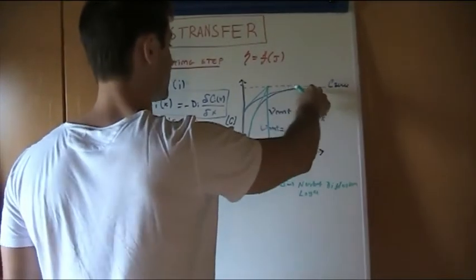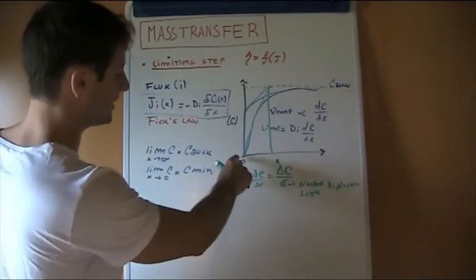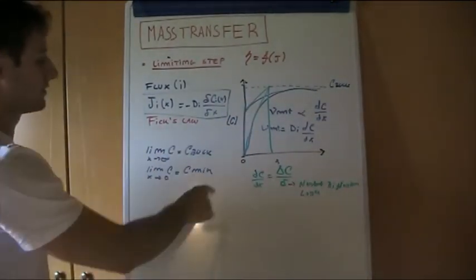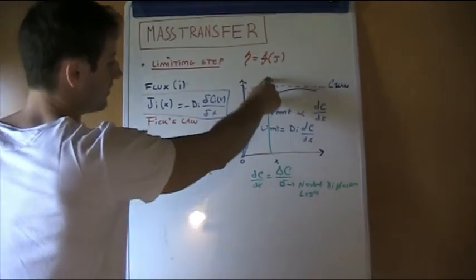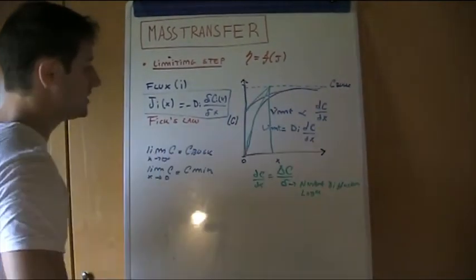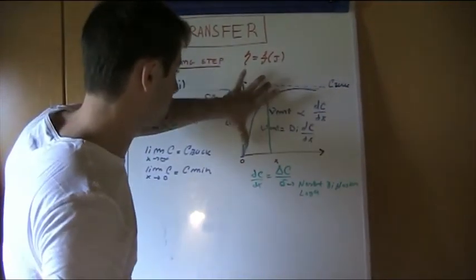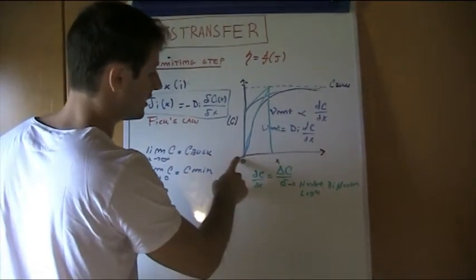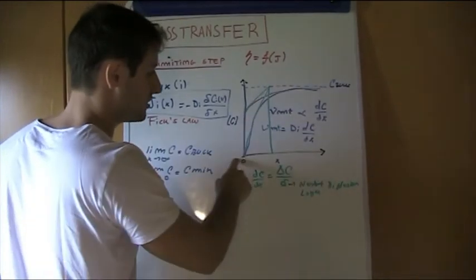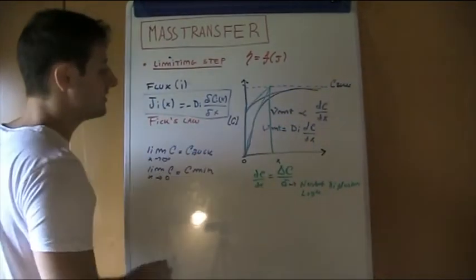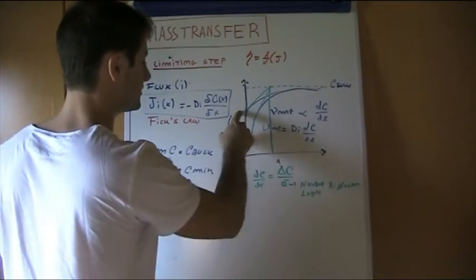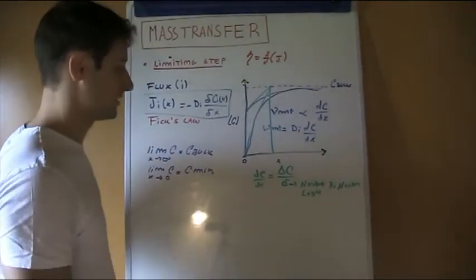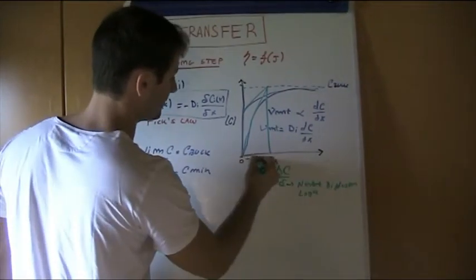Each single function can be associated with a specific line, a line between the concentration on the surface and the concentration of the bulk. So in this situation, for instance, this delta C is the difference between this and this, so from 0 to C bulk, and in this case, delta C is the difference between C minimum and C bulk. And the Nernst diffusion layer is basically this distance.